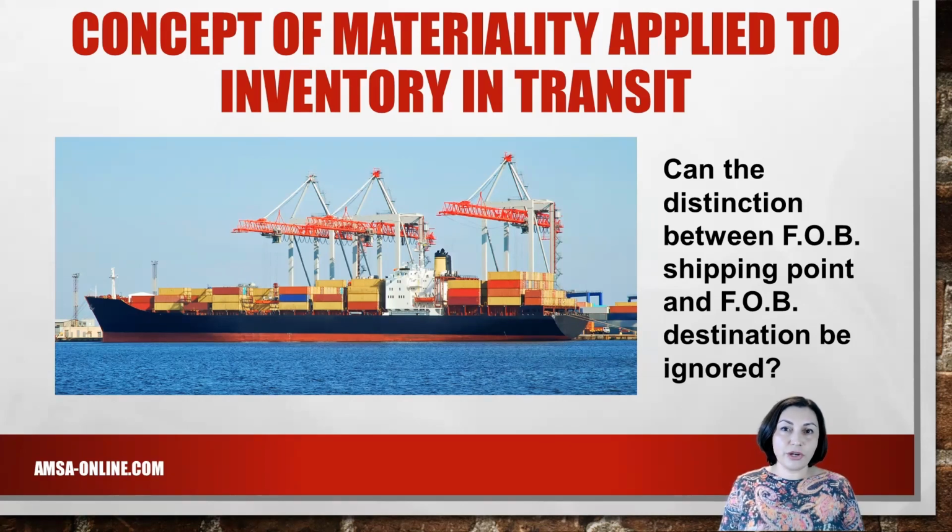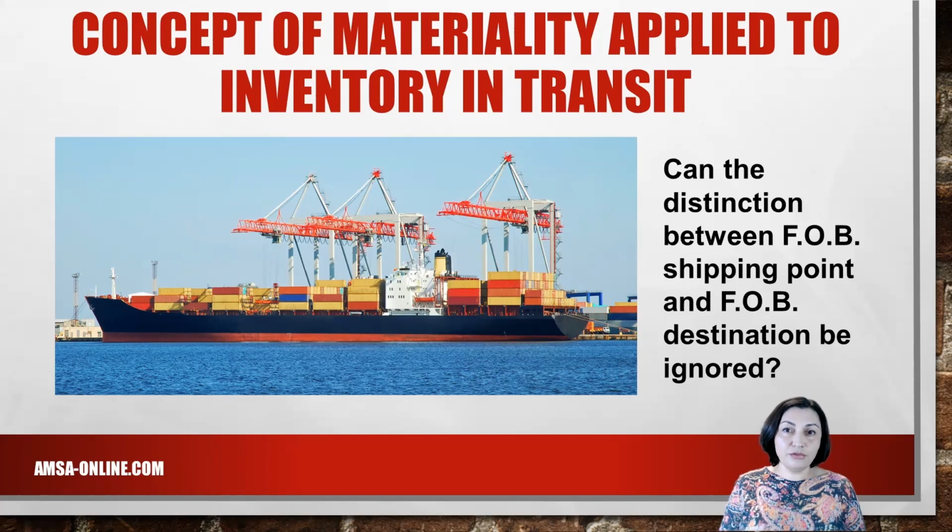Usually, the easiest way is to record all purchases when the inbound shipment arrives at the warehouse. Likewise, the easiest way to record all sales is when inventory is shipped to the customer. This simplification only works where inventory in transit is relatively small or immaterial.